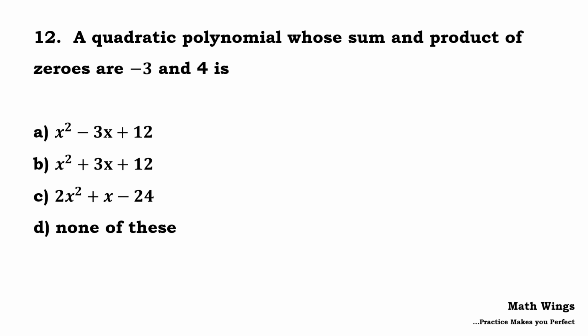Here is the question. We have been given the sum and product of the zeros, and we have to write the quadratic polynomial. So what's the question? A quadratic polynomial whose sum and product of zeros are given by minus 3 and 4. So we have sum as minus 3 and product as 4.